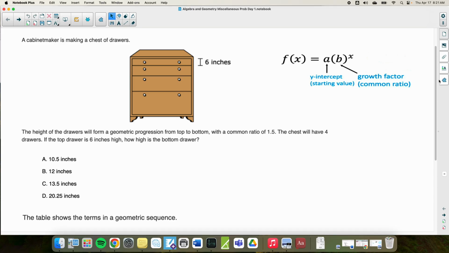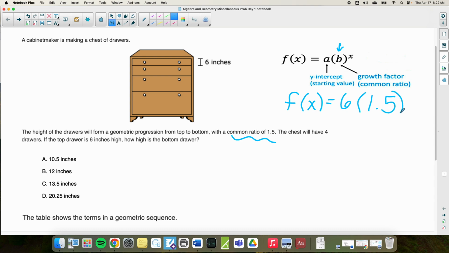And it has a common ratio of 1.5. So that is our B, okay? So it'd be f of x equals, A is where it starts, which would be 6. And then B is 1.5. And then it would be to the x, okay?